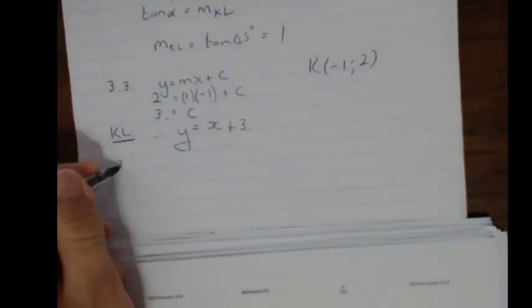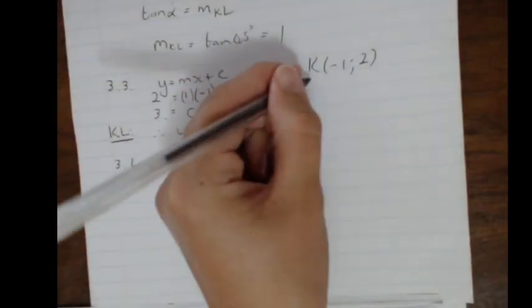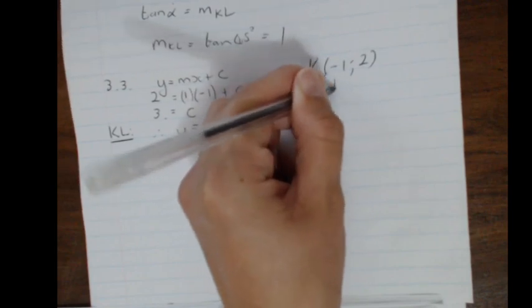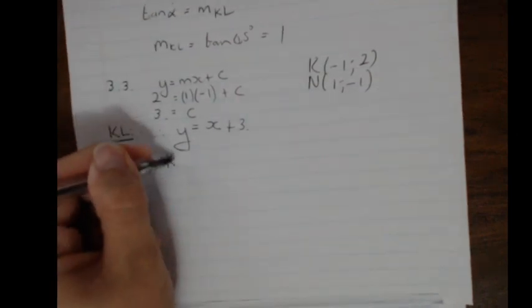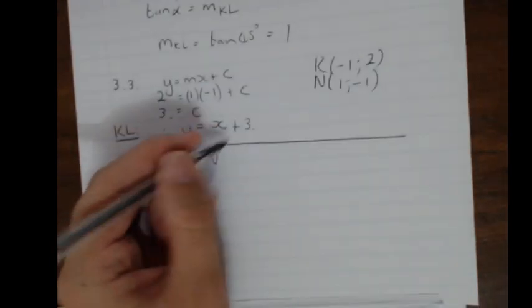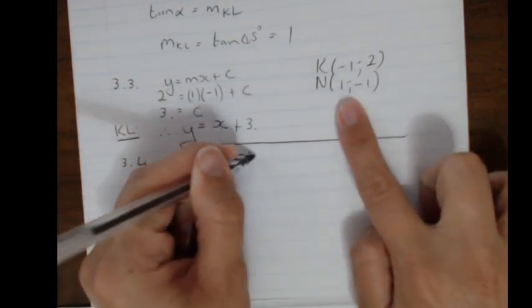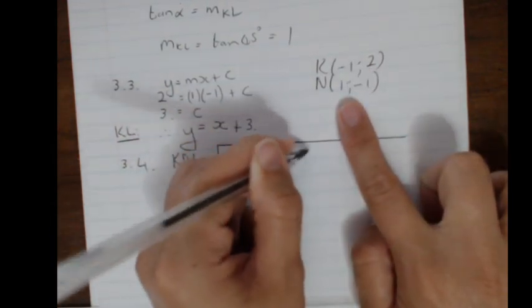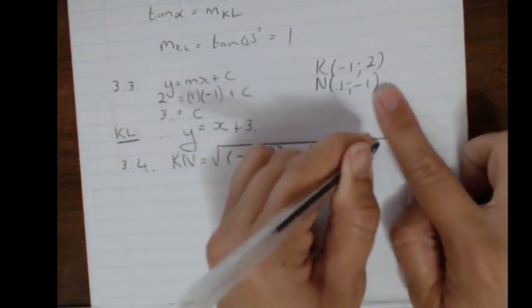3.4, calculate the length of KN. Also not very difficult. I have the two coordinates of K and N, with N being (1, -1). So the length of KN, using the distance formula, is the square root of (-1 minus 1) squared plus (2 minus -1) squared.